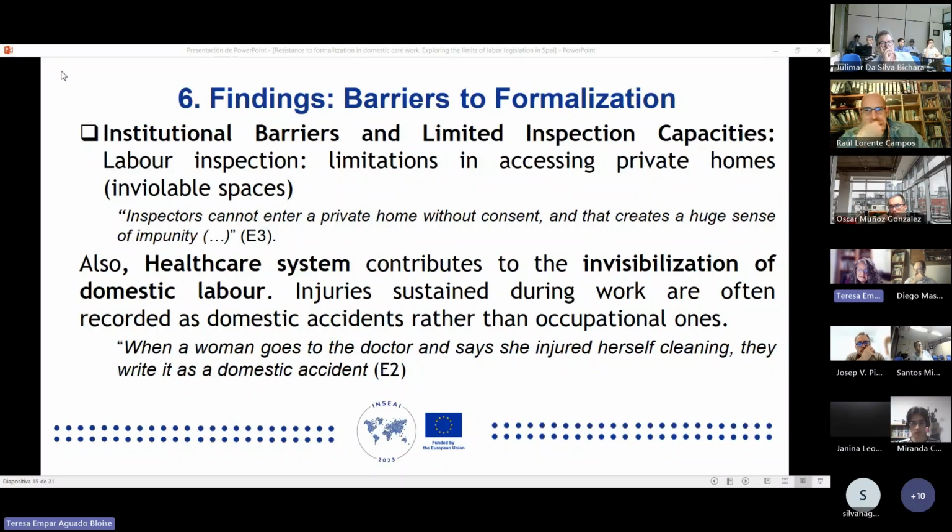This problem is inseparable from the insufficient public provision of care services. When dependent persons require several daily shifts of care, the total cost becomes impossible for families to assume. Informality becomes a survival strategy for both families and workers.